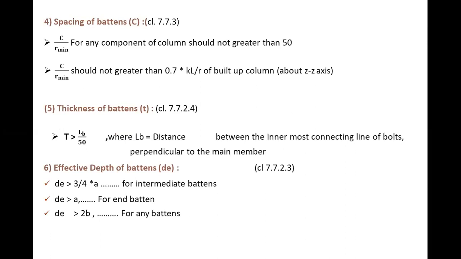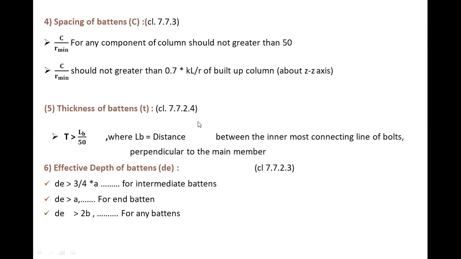The fourth is the spacing of battens, denoted by C, given in clause 7.7.3. C/r minimum for any component of the column should not be greater than 50, and C/r minimum should not be greater than 0.7 times KL/r of the built-up column about the ZZ axis, right?